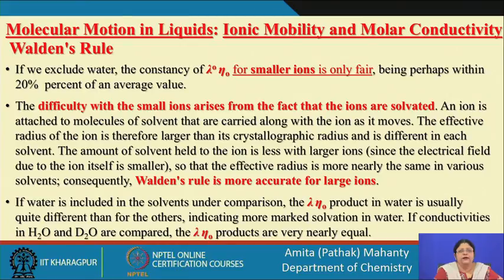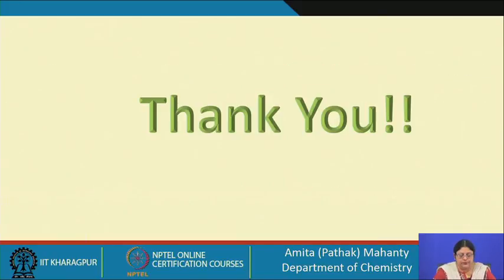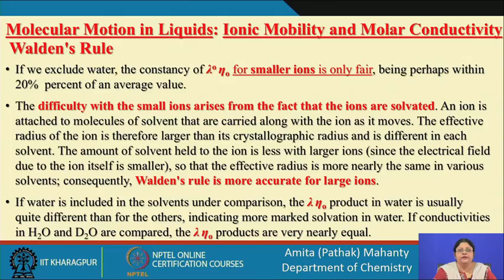But if you have conductivities in water and D2O compared, then the lambda into eta naught, that means the product with the viscosity coefficient, is nearly equal. So, what we have discussed here is Walden's rule.